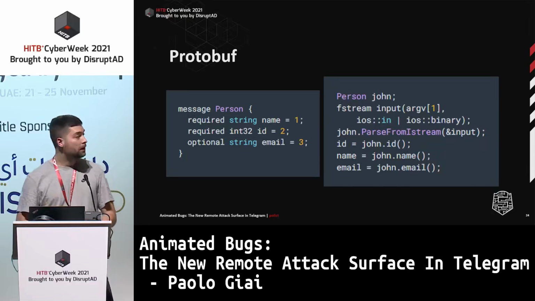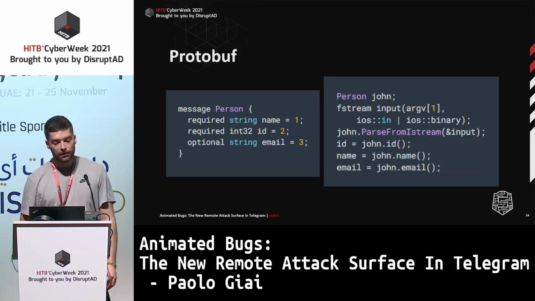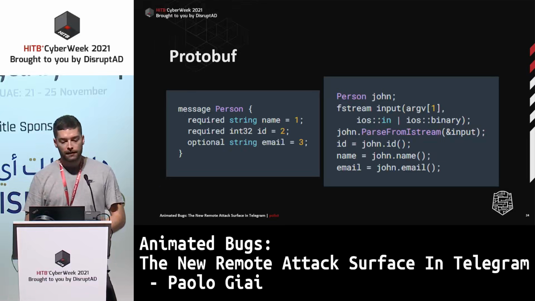As you can see in this example, on the left part, you have the message type person, which has a name, an identifier, and email attributes. And on the right part, you can see that in C++ it's really easy to parse, for example, the standard input into a specific type which was defined in protobuf. So we can easily encode and decode data using a specific grammar.